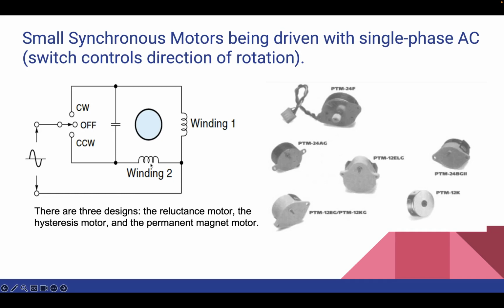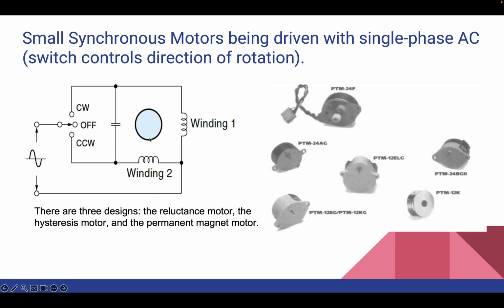Now just repeating it again, when the switch is in the up position, winding 1 receives the line voltage, while winding 2 is phase shifted through the capacitor, and this causes the motor to turn in one direction.